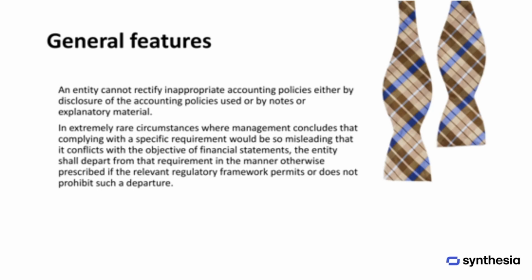In extremely rare cases where management determines that applying a specific IFRS requirement would be so misleading that it conflicts with the objective of financial statements, the entity is allowed to depart from that requirement, provided that the relevant regulatory framework permits or does not prohibit such a departure. If such an exception is applied, the entity must clearly disclose the nature of the departure, explain why compliance would have been misleading, and describe the alternative approach used, ensuring transparency while maintaining the reliability and relevance of financial information.